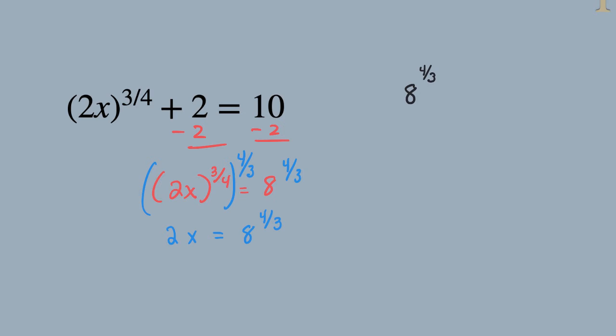The 3, the denominator of your exponent, remember, tells us the root to use. So we're going to be doing the cube root of 8. And then the numerator, the 4, tells us to raise that answer to the 4th power. But the cube root of 8 is just 2, so it's 2 to the 4th, which is 16. So our equation quickly becomes 2x equals 16.